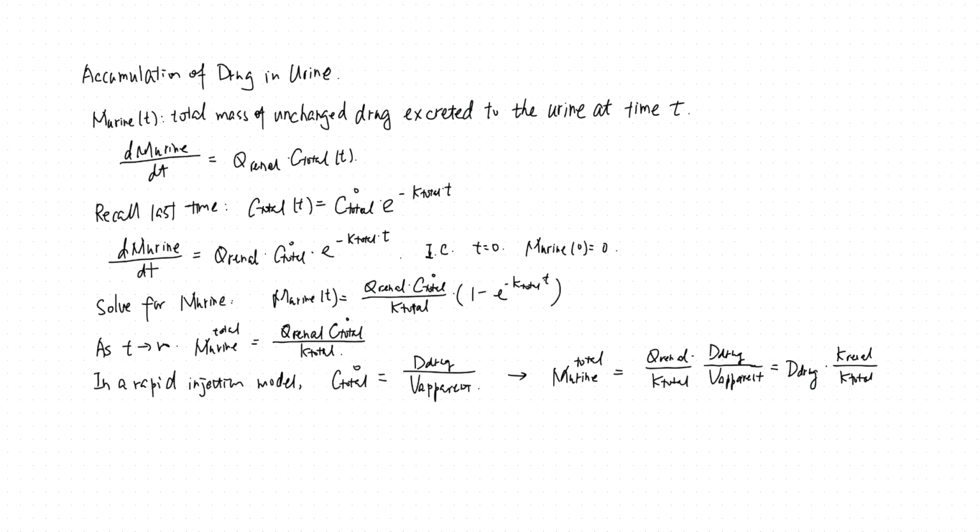In particular, if renal is the only elimination pathway, then K renal would equal K total. In that case, M renal total would just equal the drug dosage.